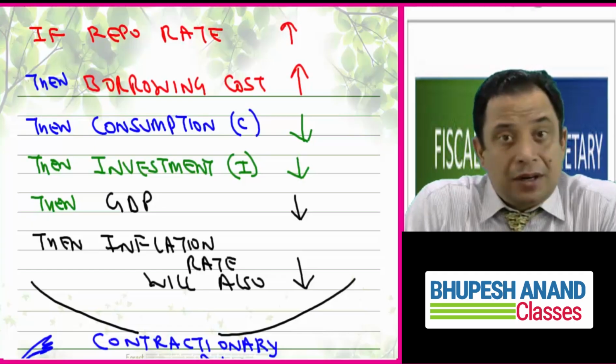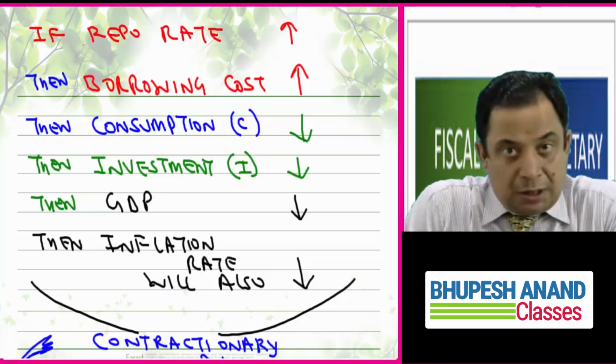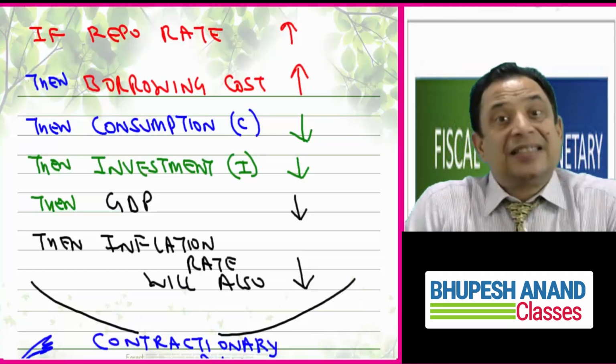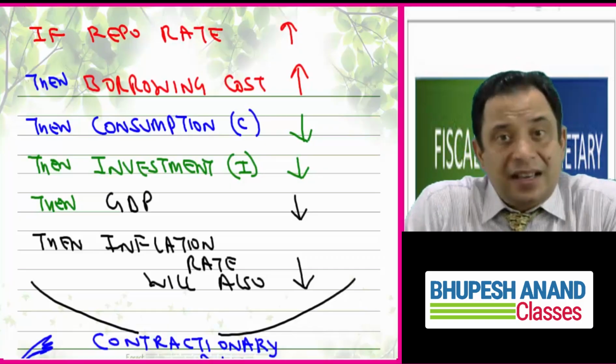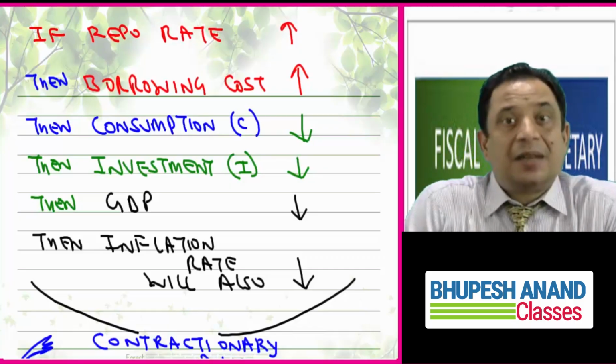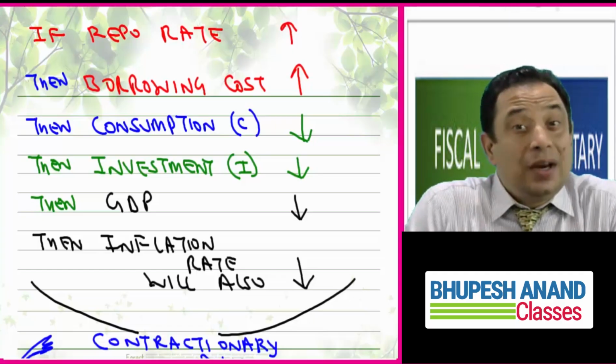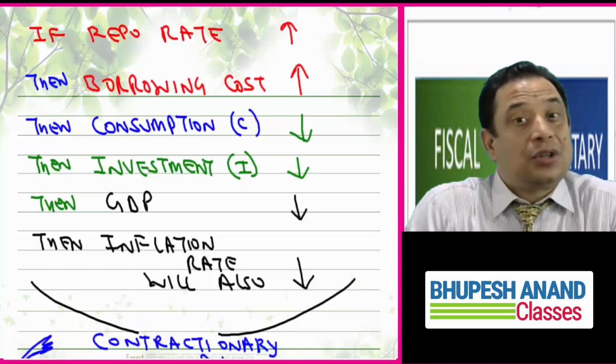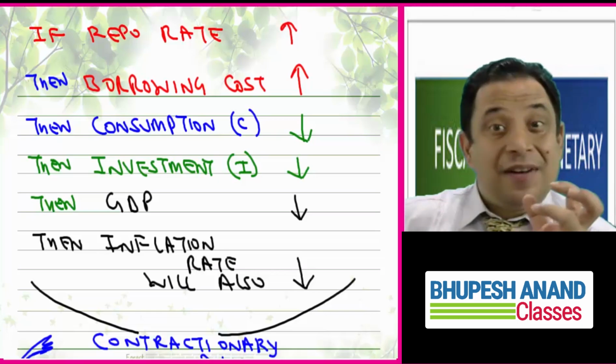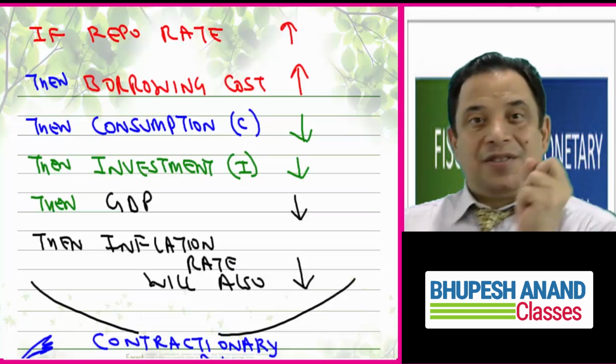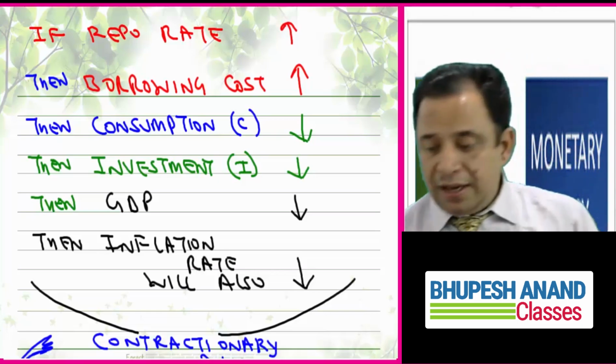When they don't have liquidity, they don't have money for transaction purposes, and in that case consumption will decrease. When consumption decreases, ultimately investment will decrease, GDP will decrease, and at last inflation will also decrease. So it is a tool in the hands of the central bank that they can manage inflation with the help of repo rates. Hope you have got the idea of how it is related.